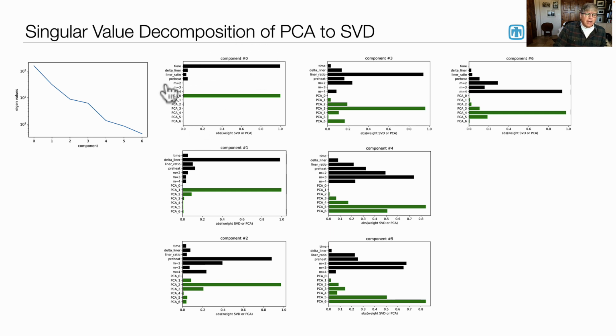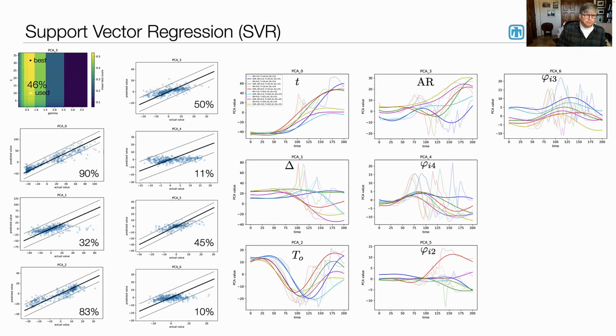We have labeled the previous singular vectors with the input parameters determined on the previous slide. So now you can read off that the first principal component is time, the second principal component is delta liner, the third principal component is preheat, etc. And that's how we ended up getting the labels.